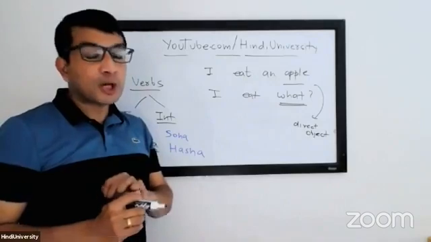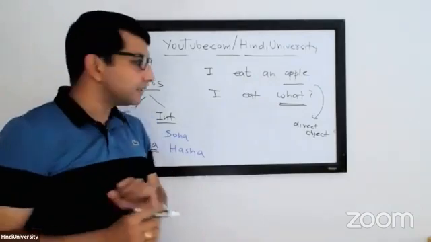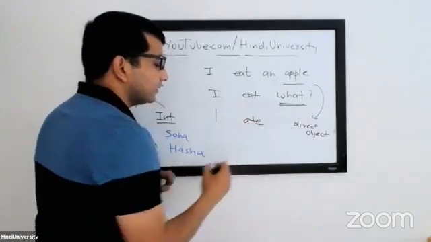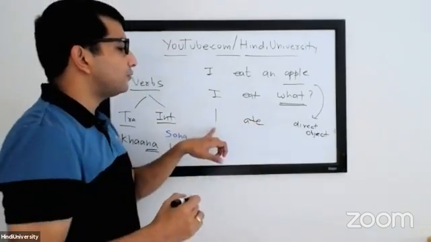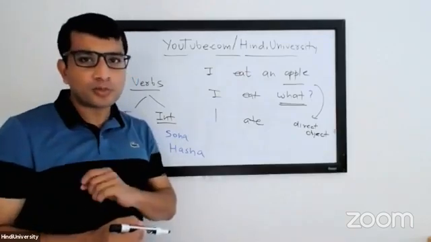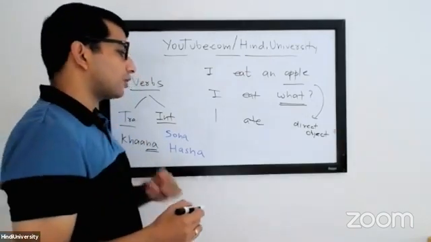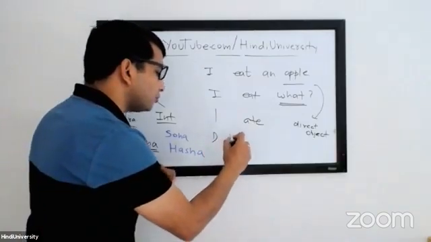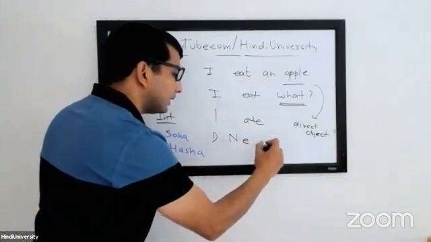It may not matter when you're saying something in present, but the same thing if you said it in the past, I ate, you have to follow certain rules in Hindi in order to say it properly. What are those rules? First rule is that you have to use a postposition called ne.